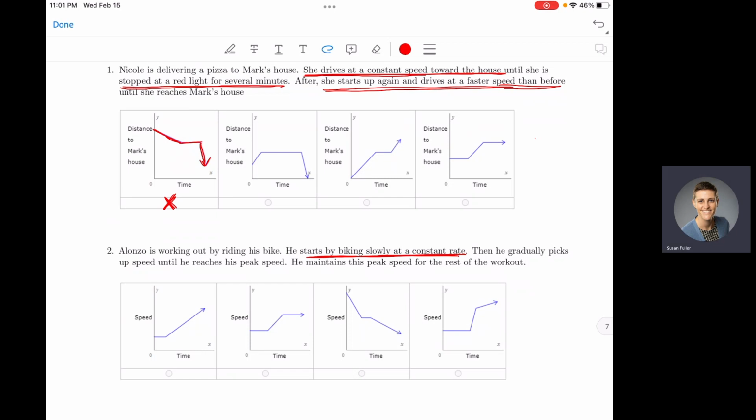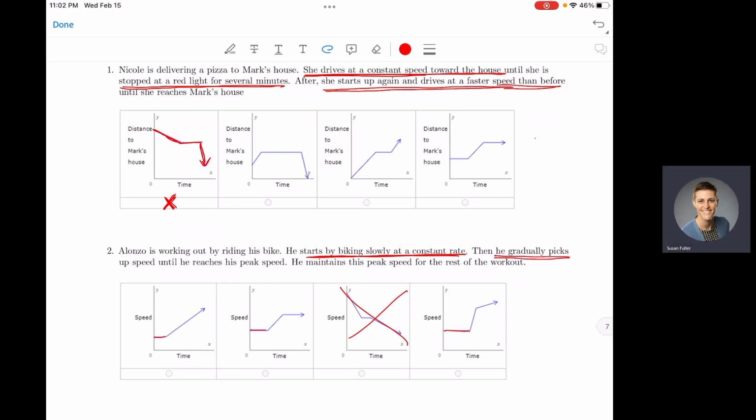It's not changing, it's at a constant speed. So this one's constant, this one's constant, and this one's constant. So all of those are possibilities. This one is a no-go because it decreases at first. So that's not what we want. Okay, let's keep reading.